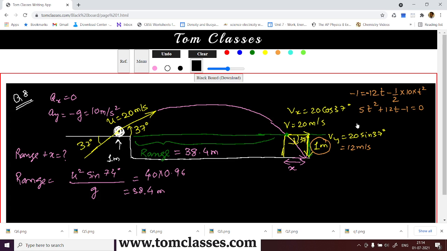Time is going to be minus 12 plus or minus the square root of 12 square, that is 144, plus 20, divided by 2 into 5.